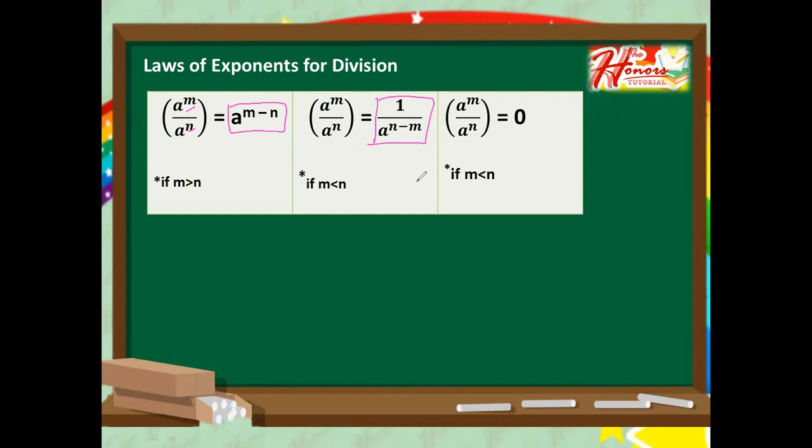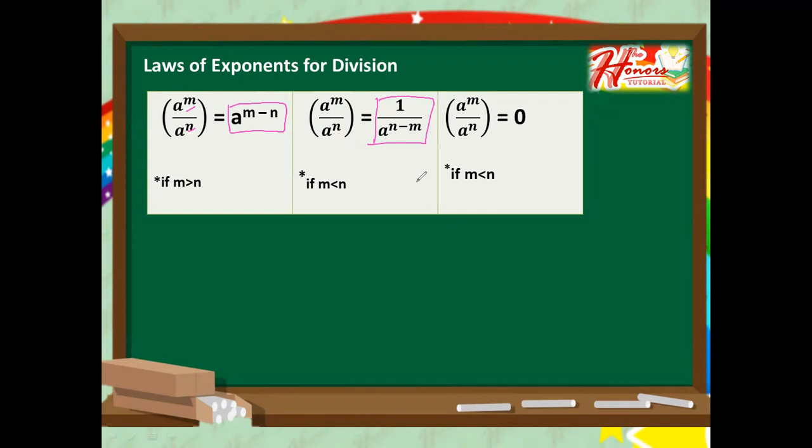So just write 1 in the numerator. It is constant, okay? So please don't write any number aside from 1 or else your answer will be incorrect. And then in our denominator, we will write a raised to n minus m. So in this case, if you will apply this, your answer will be a positive number.